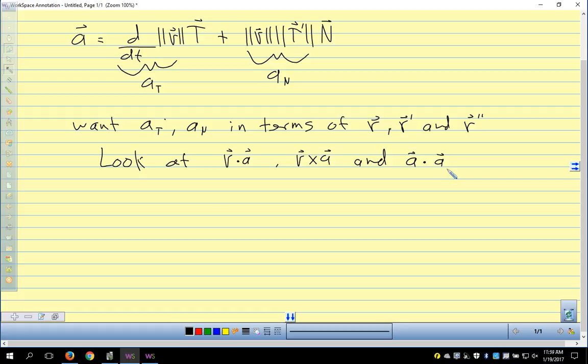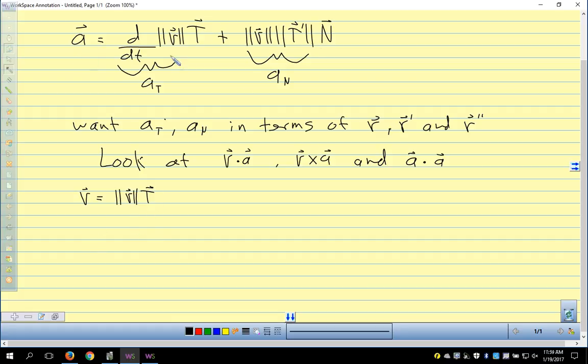All right, so let's start with v dot a. Now, in order to get to the expressions that we want, we're going to express our velocity, and we talked about this in class as well, as the magnitude of the velocity, our speed, times our unit tangent vector. So we have our magnitude and our direction here.